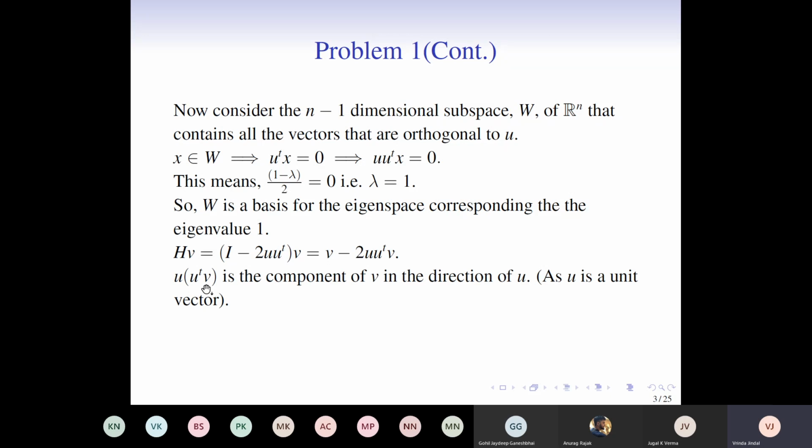Now u transpose v is the magnitude of the projection of v on u. Why does this directly give us magnitude? It's because u is a unit vector, and this u gives it that direction. So u transpose v is basically the component of v which is in the direction of u.